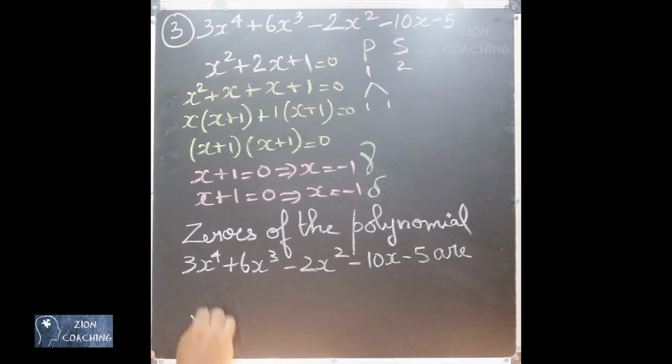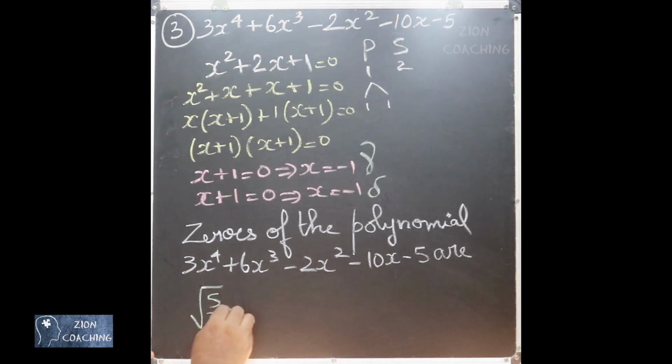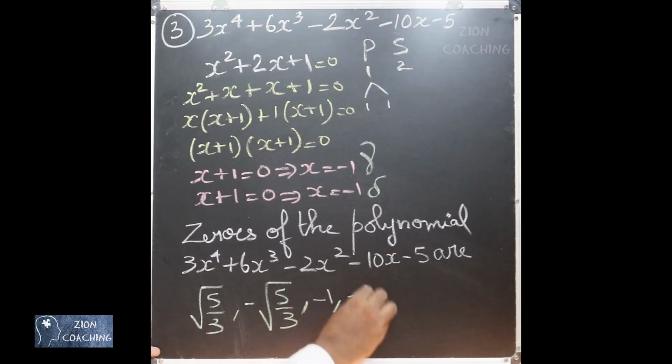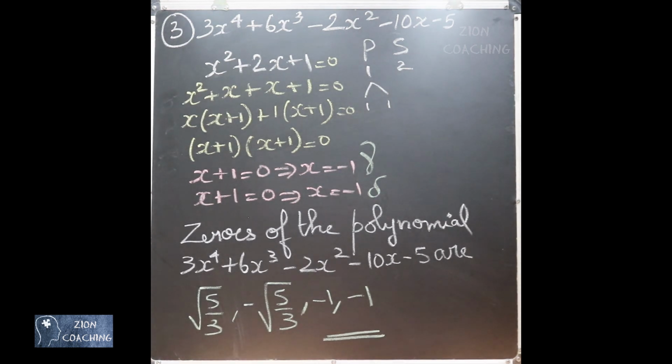They have already given these two, root of 5 by 3, and the second one was minus root of 5 by 3. Now we found the remaining two, that is minus 1, minus 1. So we have found all the four zeros of the given biquadratic polynomial.